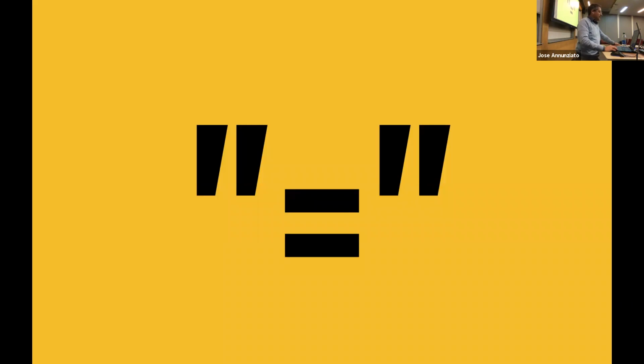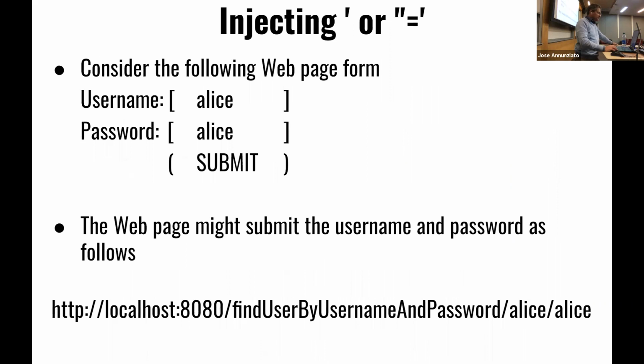Another very common one is using the quote, close quote, equal, close quote. Again, this might be useful when the form is asking for two or more pieces of information, and you submit it, and they are sent over the wire as parameters.